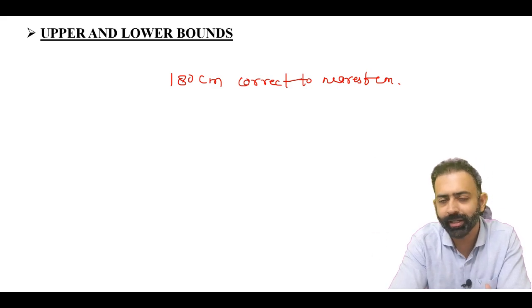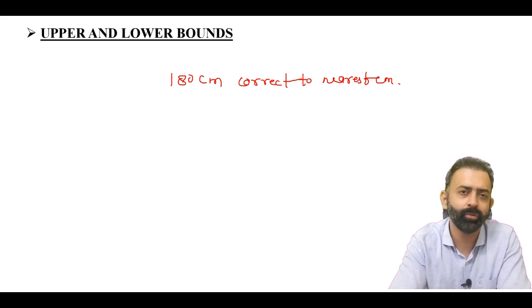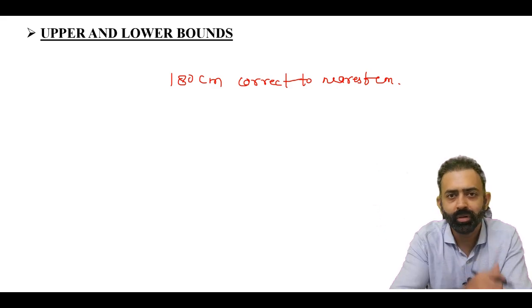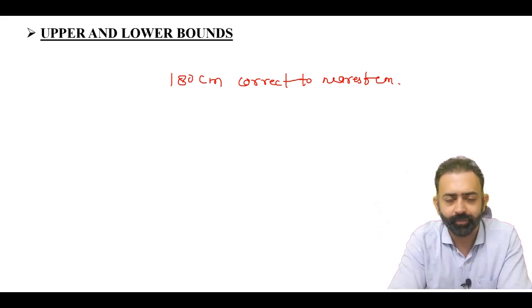I mean 180 is the rounded figure which I gave you, but let us say the actual height is 180.2 centimeter, right? It means it is having 180 full centimeters and 0.2 centimeters, meaning it is 2 millimeters, right? Since the answer is given in centimeters, there are no millimeters involved. So basically 180.2 will be rounded to 180 centimeters.